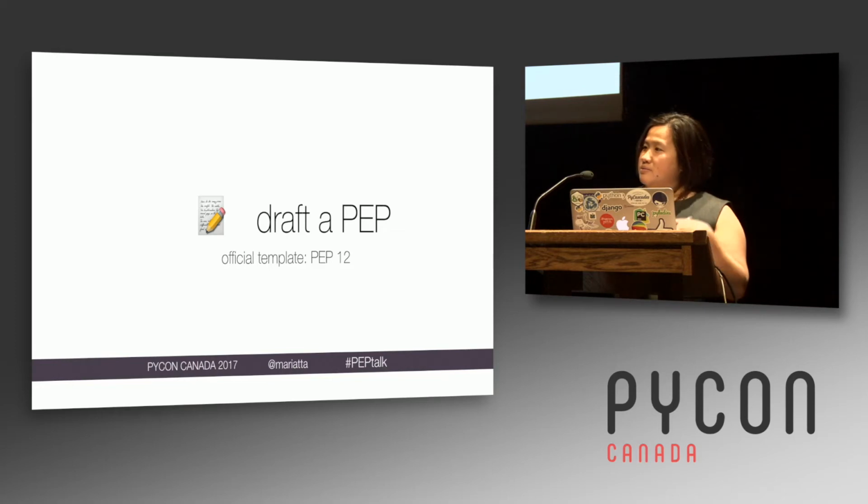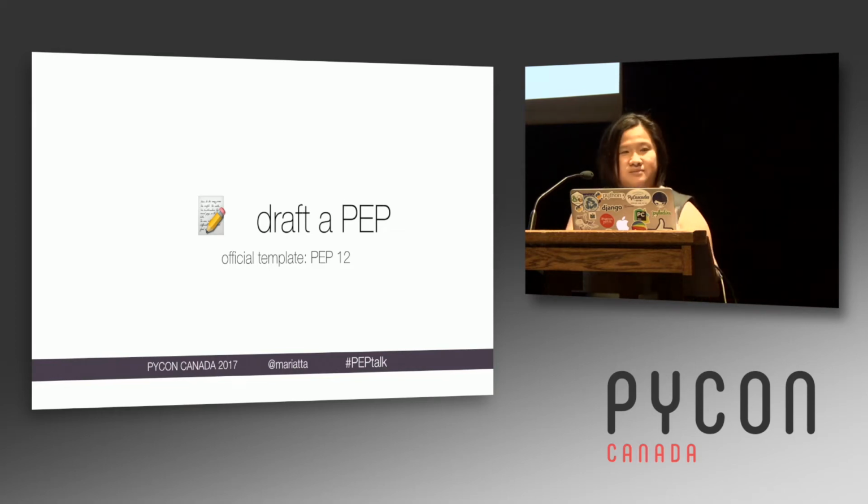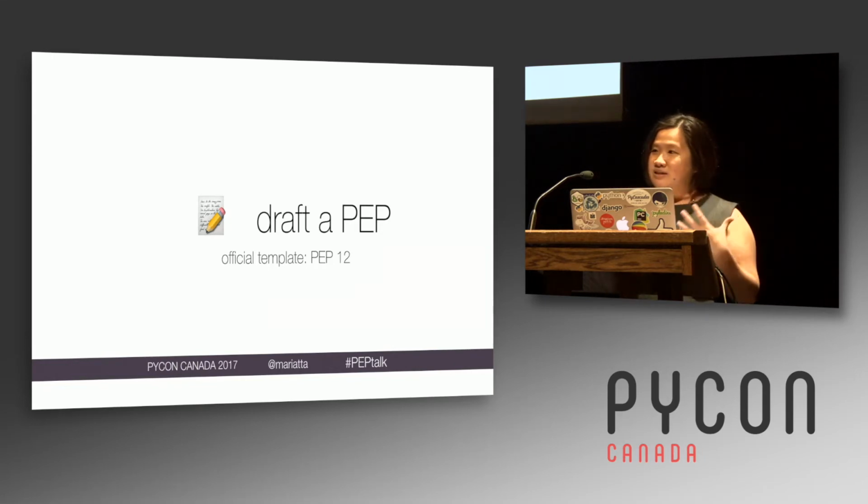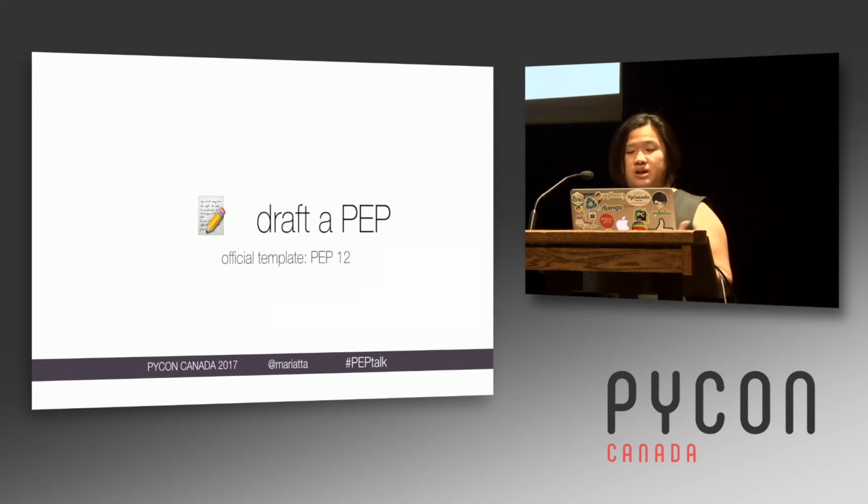At some point, maybe one of the core developers will say, you know what, there's a lot of material here, it's big, maybe it's now time for you to write a PEP. Use this number, write up the PEP. So you will use PEP 12 as the template for it, and it will be a restructured text document, so you'll need to know how to write in REST.